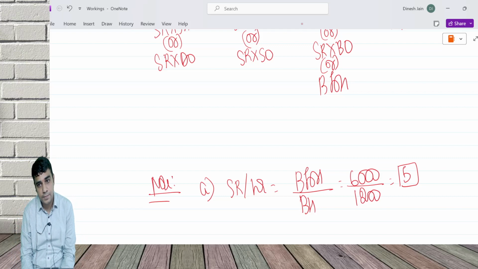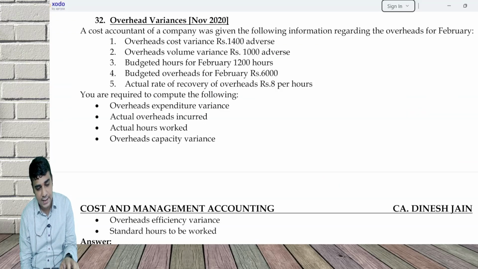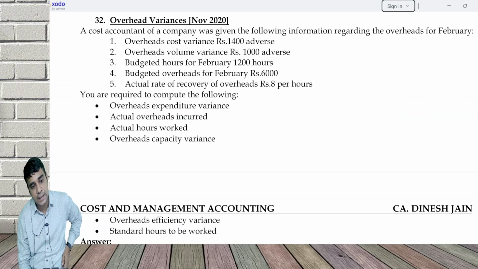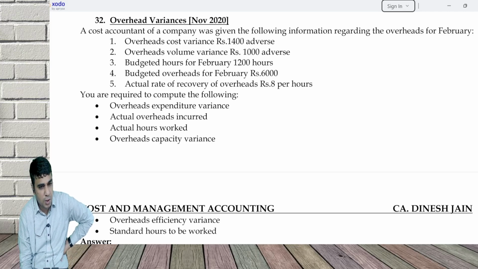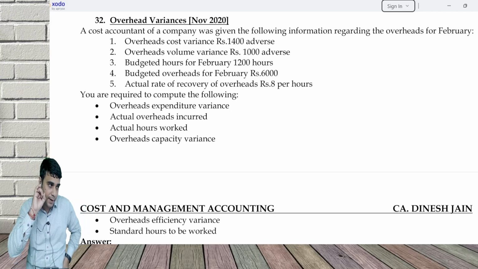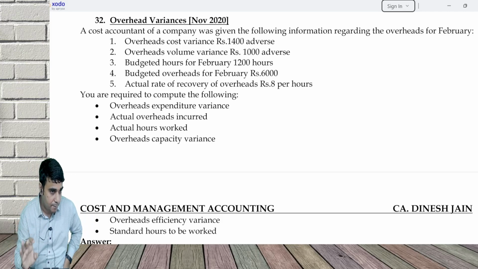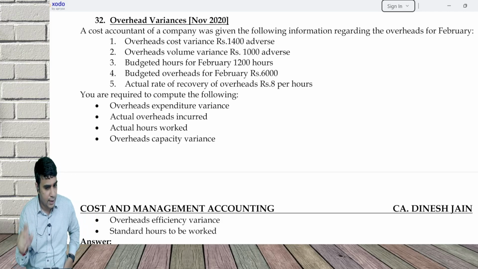Any doubts? Second, what do we calculate? SR per unit, but you will get stuck. Budgeted fixed overhead is there, but do you have budgeted units? No. So we'll see what to be done. I cannot write that as of now. I have SR per hour, but I don't have SR per unit. We'll see how we get that.